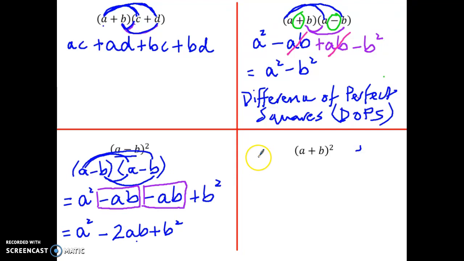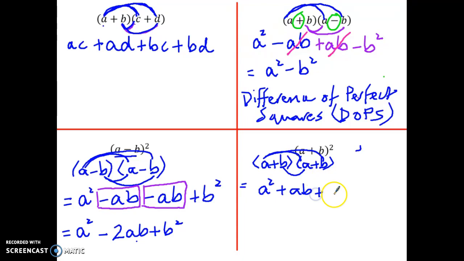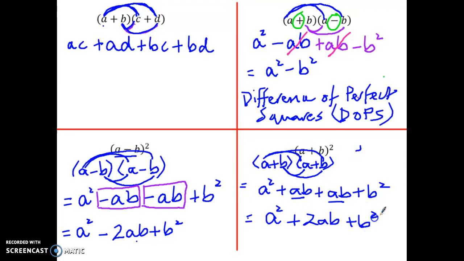If we've got the same problem but I have both positives, I'm going to end up with A times A there, A times B, another A times B, and this one will be a B squared. So I have A squared, 2 ABs, and a B squared.